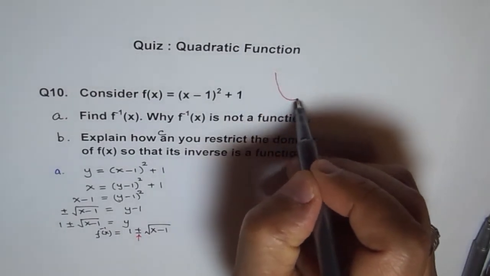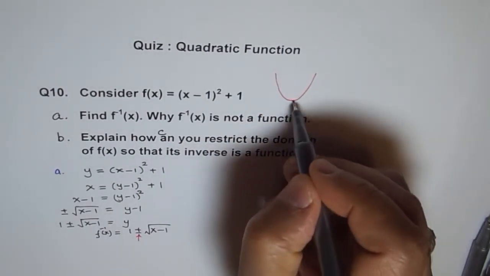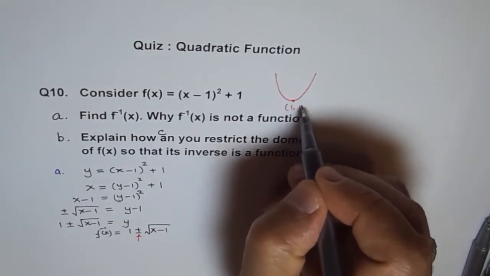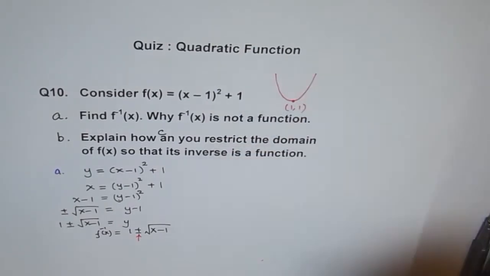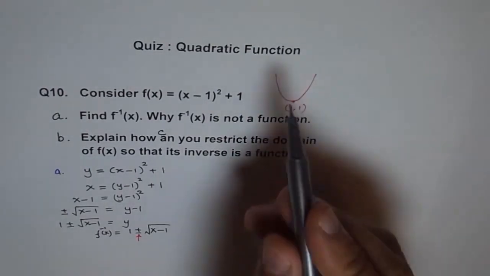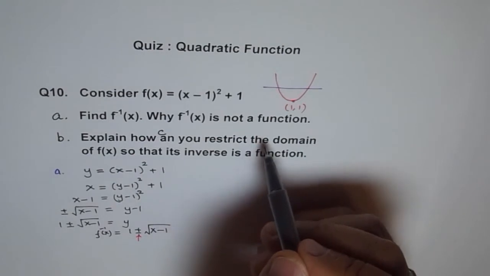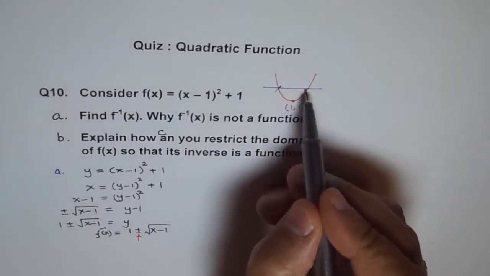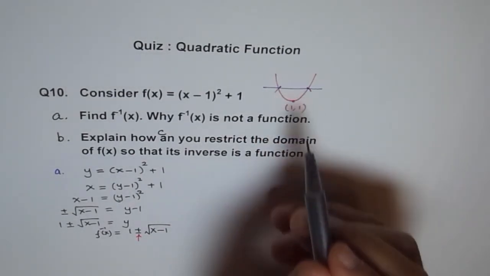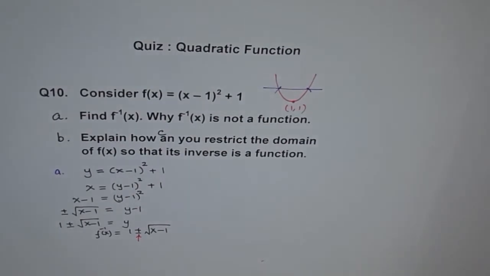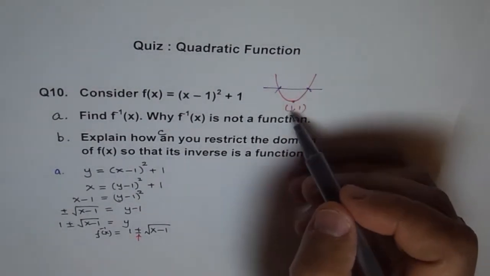So this kind of function looks like this, where this point, the vertex, is (1, 1), right? If you see, this function fails the horizontal line test. So if you draw a horizontal line, it crosses the function at 2 points, and therefore its inverse will fail as a function.